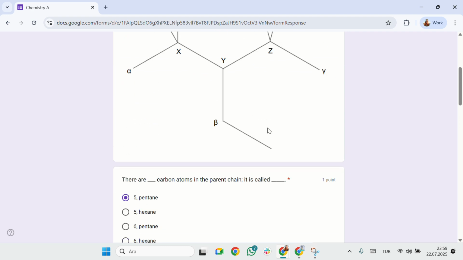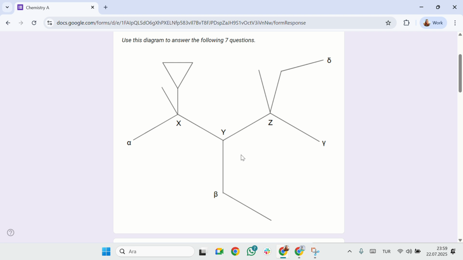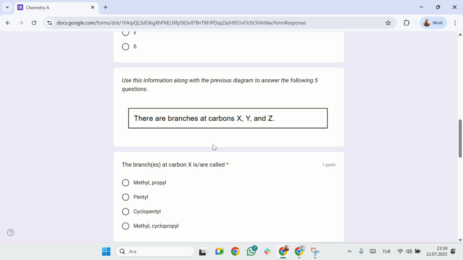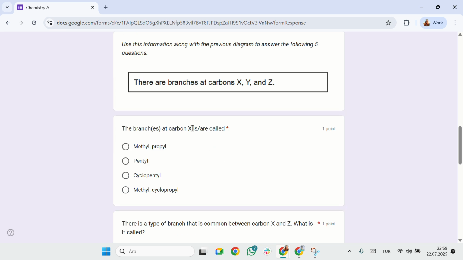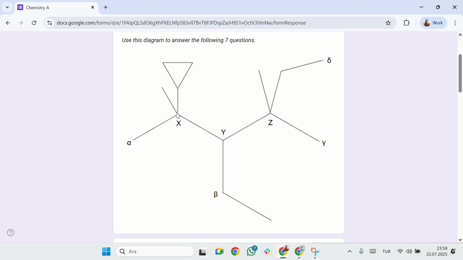Use this information along with the previous diagram to answer the following 5 questions. There are branches at carbons X, Y, and Z. Okay, these are called branches. The branches at carbon X are called something something. I think this has 2 carbons.